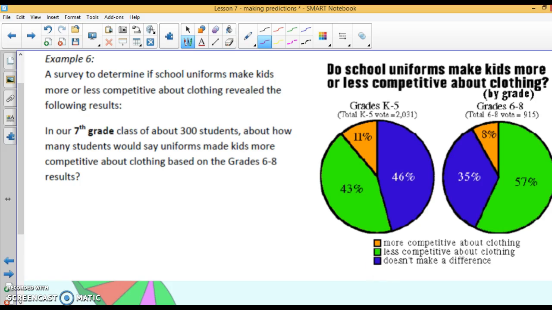Well, more competitive is orange, so it's 8%. So 0.08 of 300 is 24 kids. 8% of 300 is 24 kids.